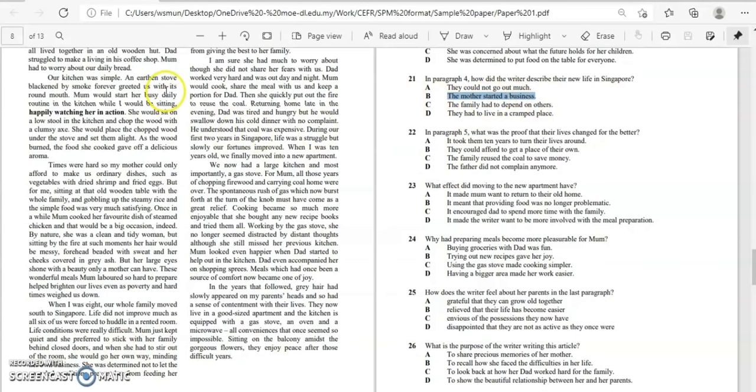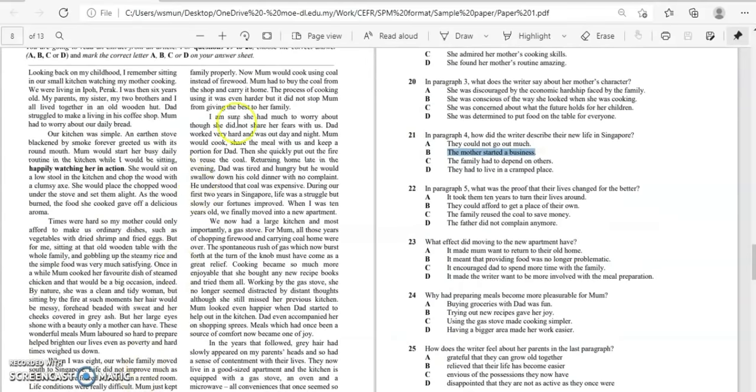Alright, let's continue to read the rest of the paragraph. She was determined not to let the crowded conditions prevent her from feeding her family properly. Now, Mom would cook using coal instead of firewood. Mom had to buy the coal from the shop and carry it home. The process of cooking using it was even harder, but it did not stop Mom from giving the best to her family.